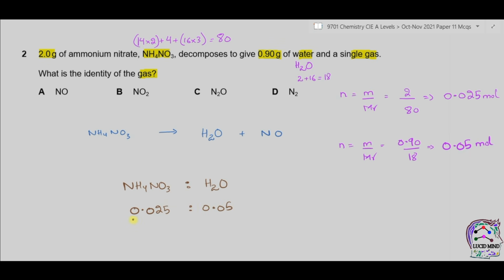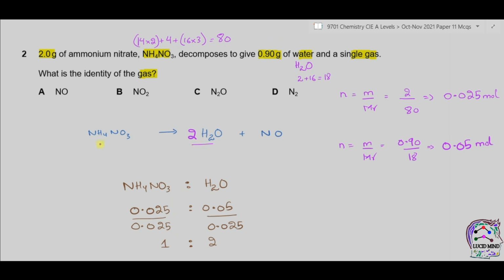Now dividing by the smallest value on both sides, we can get 1:2. It means that if we have 1 mole of ammonium nitrate, it forms 2 moles of water in the balanced equation. Now we can see we already have 1 mole of ammonium nitrate, so we can write 2 with H2O according to this ratio. Now let's balance the rest of the equation.